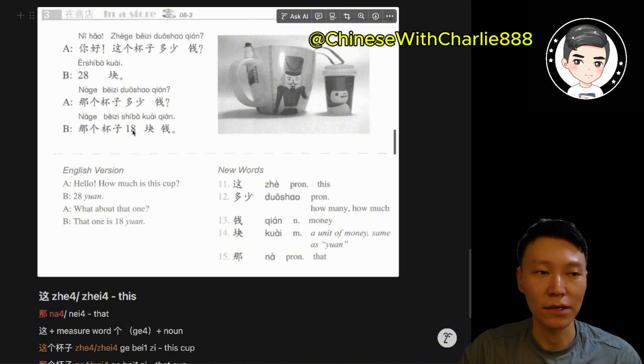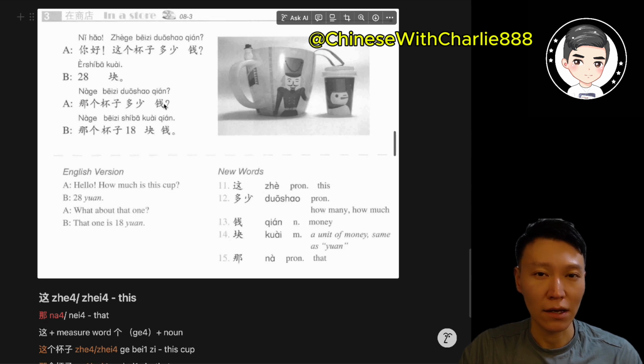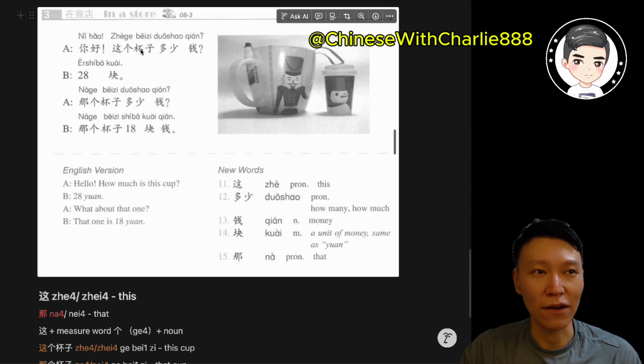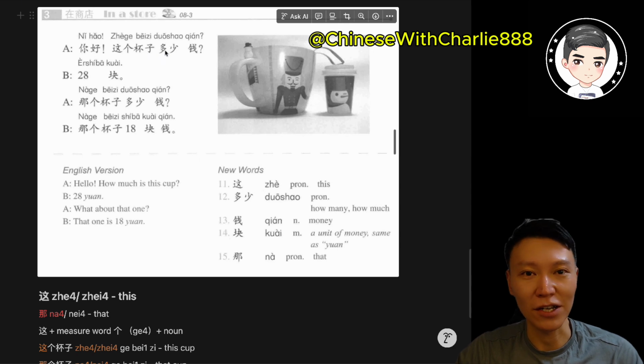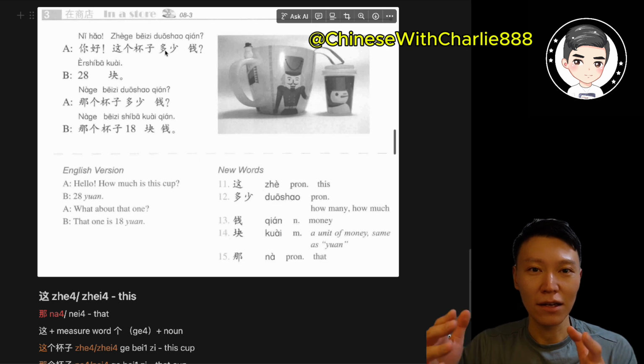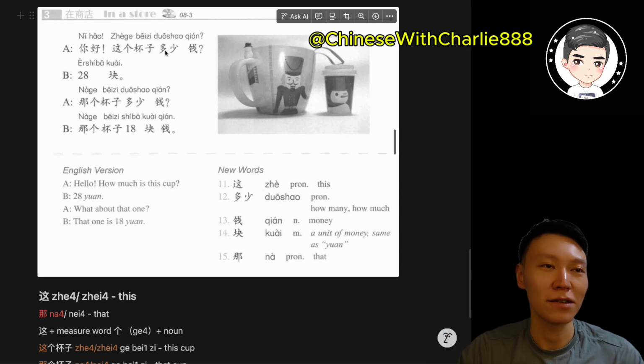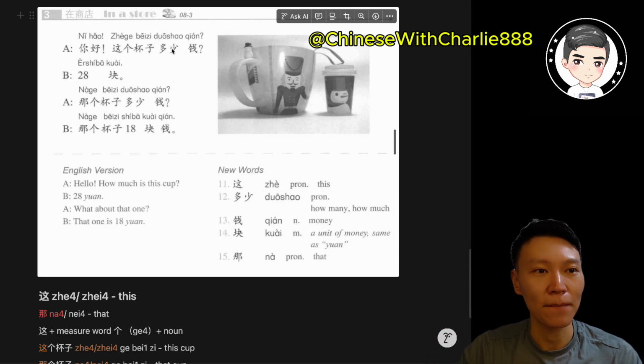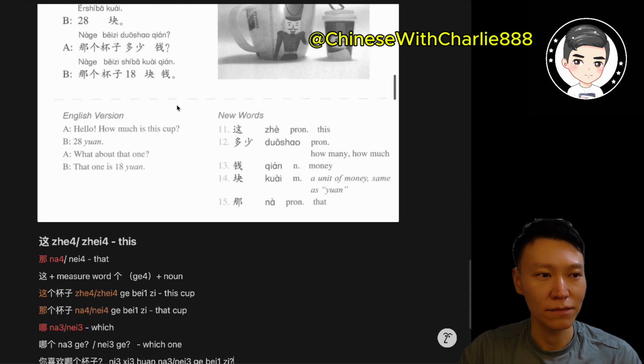So that cup is 18 yuan. I just want to repeat one more time here. When we ask how much something is, we just say something 多少钱. Unlike in English, how much is something? In Chinese, literally it should be something, how much money, right? Something, how much money.